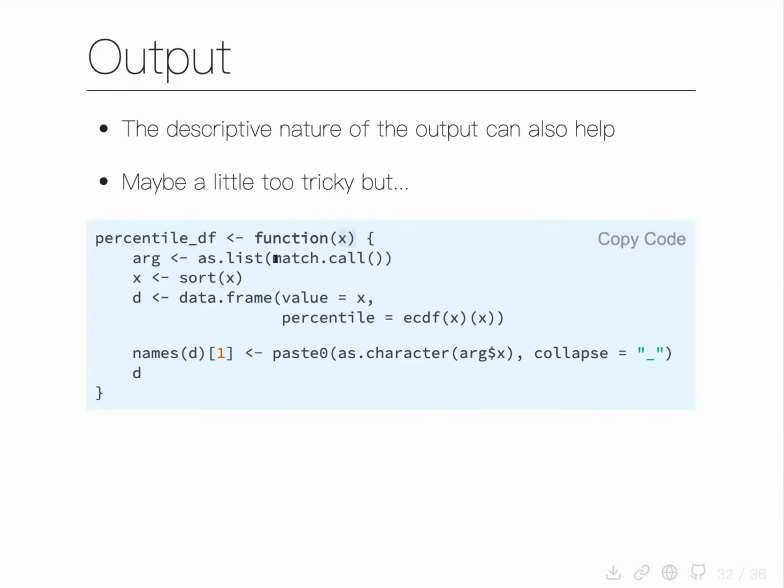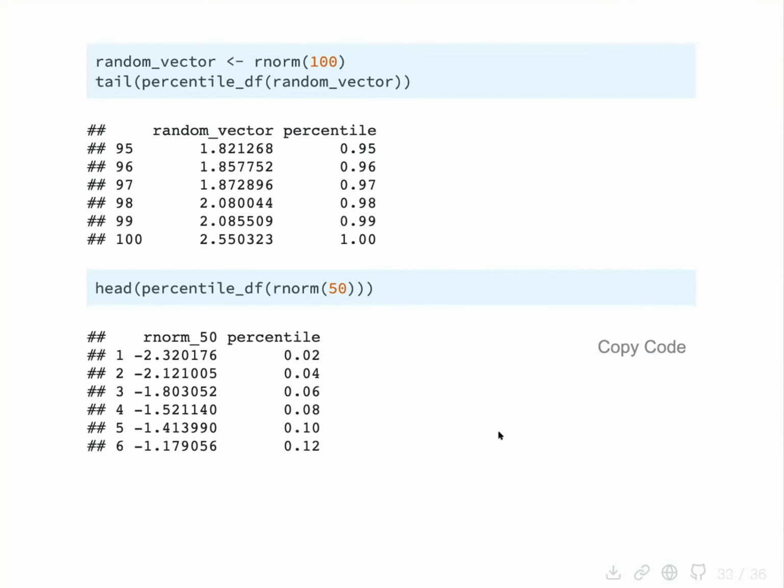So I can use this match.call, I change it to a list, and I'm calling this thing arg. So whatever I pass this thing, it's going to end up in arg. Okay, and then I'm just changing the names of the first thing in x to be the names of that arg. And the reason I do that is because now I end up with something like this.